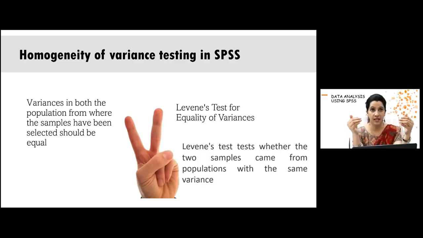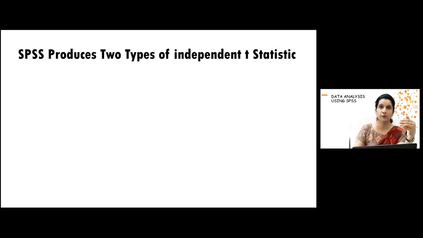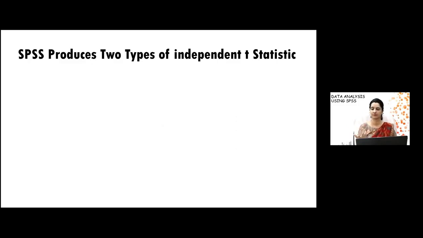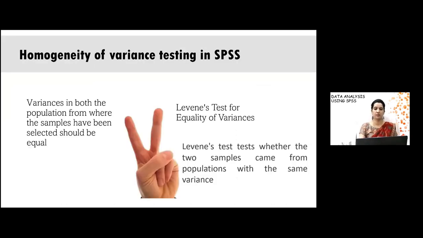It is tested by a statistic known as Levene's test of equality of variance, and it says that the variance in both the populations from which the samples have been selected should be equal. So now SPSS produces two types of independent t statistics. So this was about Levene's test of equality of variance.